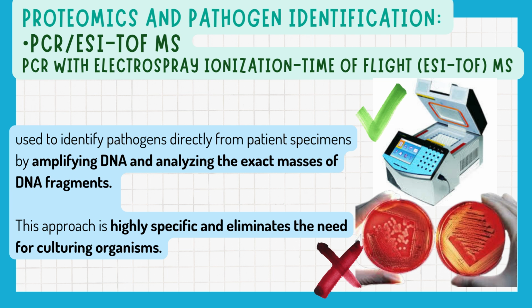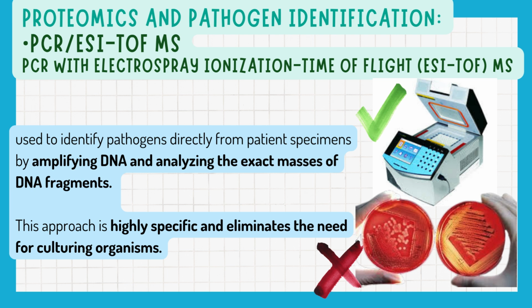We also have PCR with electrospray ionization, time of flight, MS, if we want to identify pathogens directly from patient samples. How is the identification done? It's by amplifying DNA using PCR so that the exact masses of the DNA fragments can be detected. This is PCR ESI-TOF, guys.